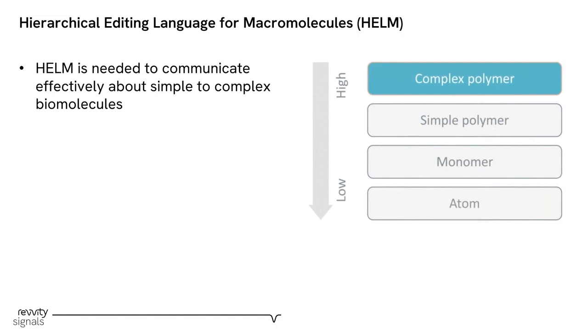Communication along this line is extremely important to be effective. So the main challenge in creating these complex molecules is there wasn't a standard way to describe from an atom or a simple polymer and any modifications that went along with those. So in steps HELM.